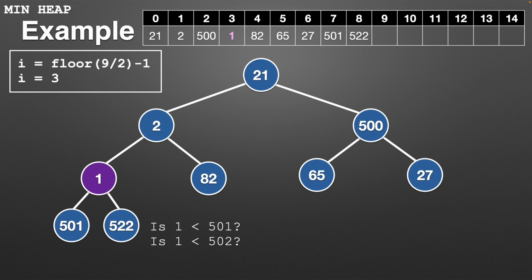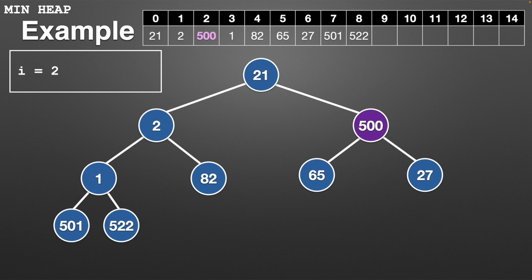The first thing we do, just like when we go down making sure things are in order, is look at its children to see if the proper order is there. So we ask, is 1 less than 501? Is it less than 502? Yes, it is, so there's really nothing to do for this node. We'll decrement i, so we're moving backwards with i towards 0.